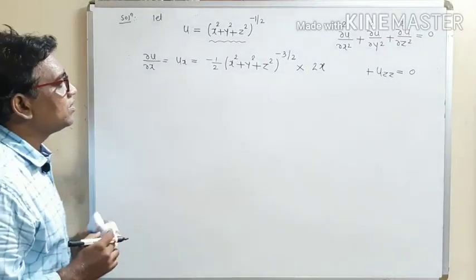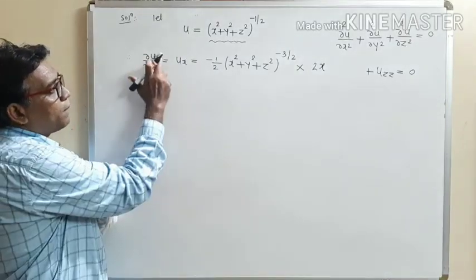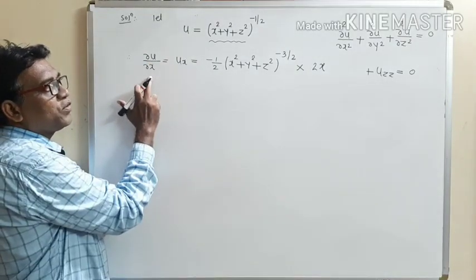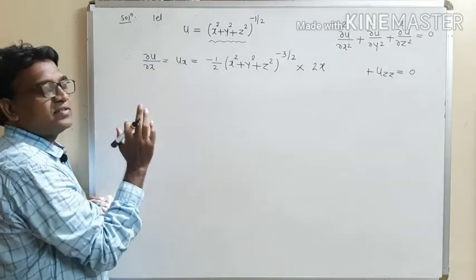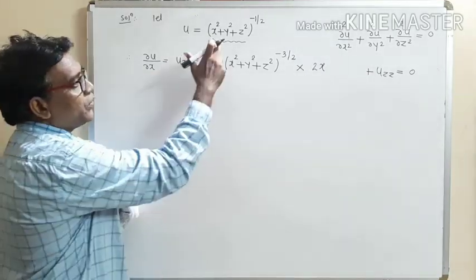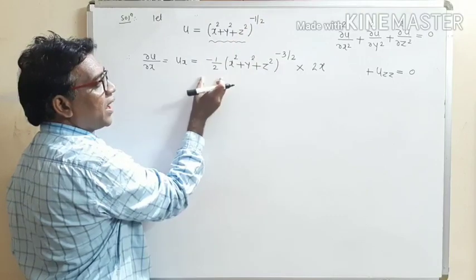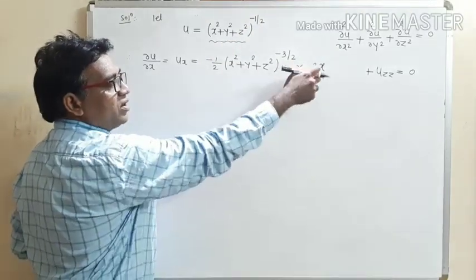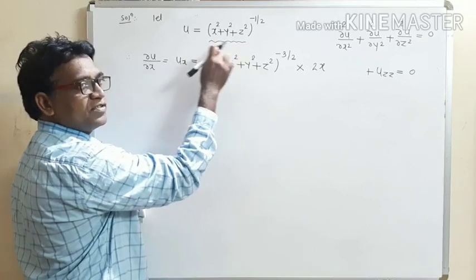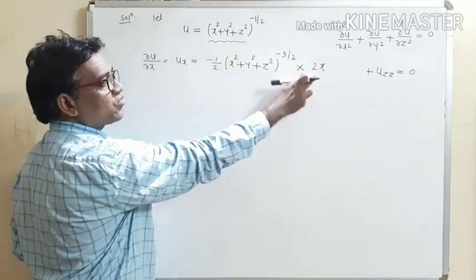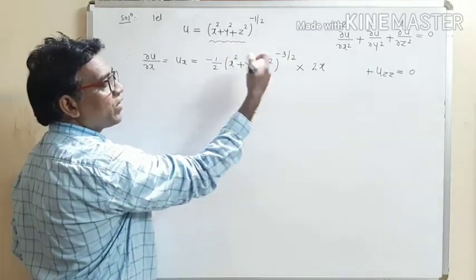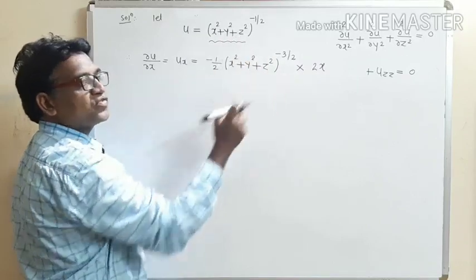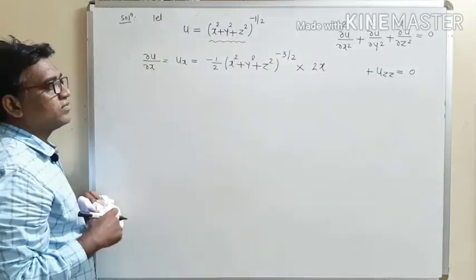So see how to find this derivative. Partial derivative with respect to x means we have to keep y and z constant. Use the x raised to n formula, this is n x raised to n minus 1 into, according to chain rule, multiply by the derivative of this inner function. Derivative of x² is 2x, derivative of y² is 0, derivative of z² is 0 because it is a constant term.